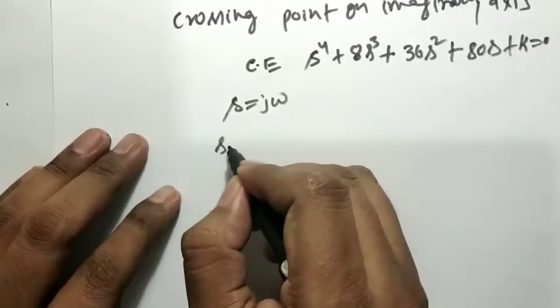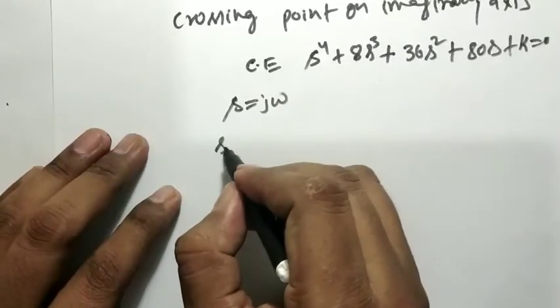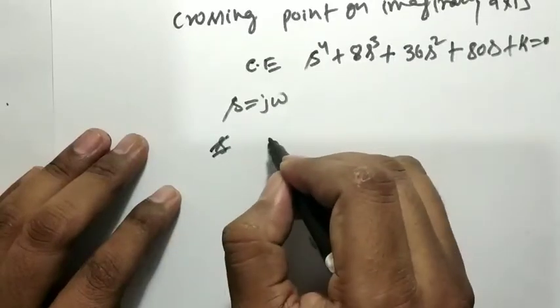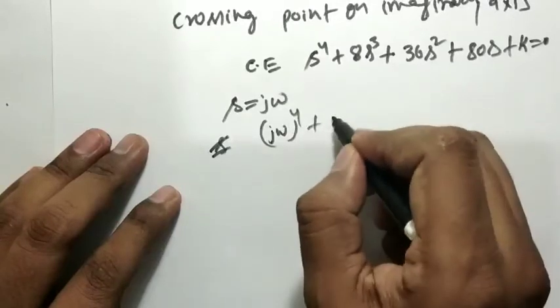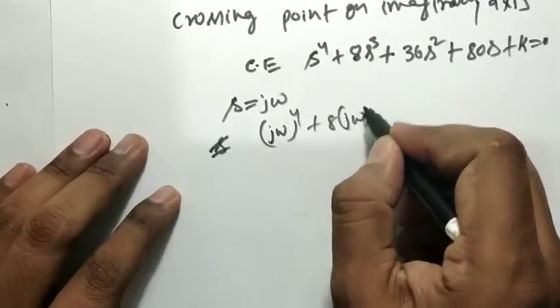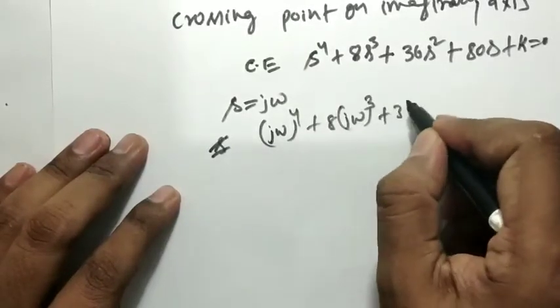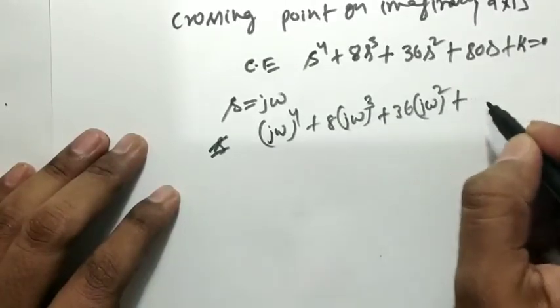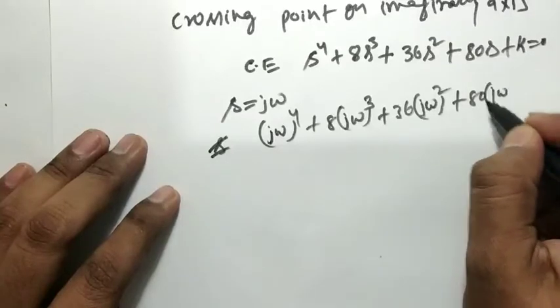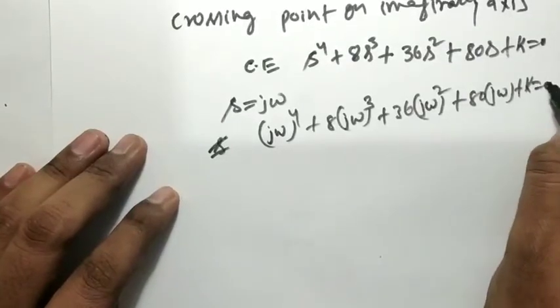So substituting s is equal to j omega in this equation, you get (j omega) to the power 4 plus 8 (j omega) cubed plus 36 (j omega) squared plus 80 j omega plus k is equal to 0.